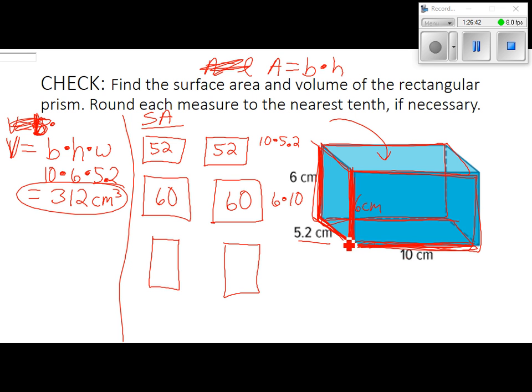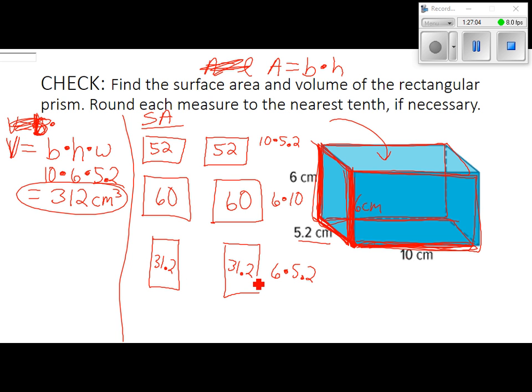And then the ends, the 2 dimensions that go with the ends for the length and the width are 6 times 5.2. Grab your calculator and you do 6 times 5.2 and you get 31.2. So the area of both ends is 31.2.